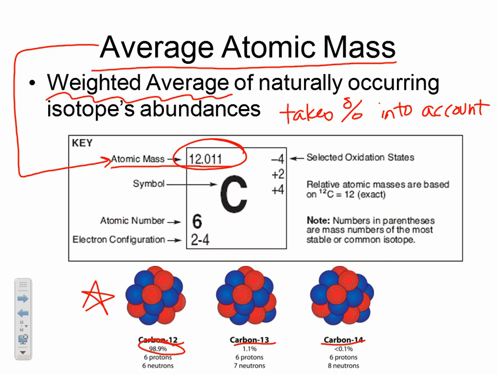And we're going to give a lot less weight to the masses that occur less frequently, which is why carbon's average atomic mass on the periodic table is so close to 12, because so much of the carbon that we find has a mass of 12, and only a little bit of it has a mass of 13 or 14. A weighted average weights towards the mass that occurs most frequently.